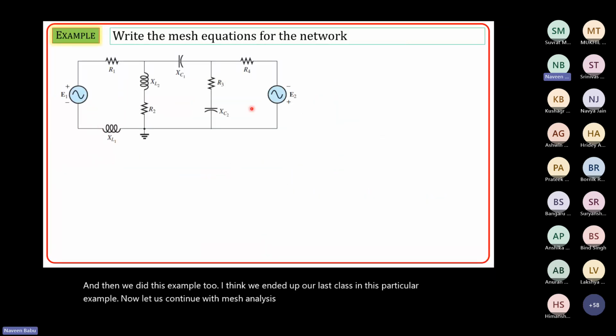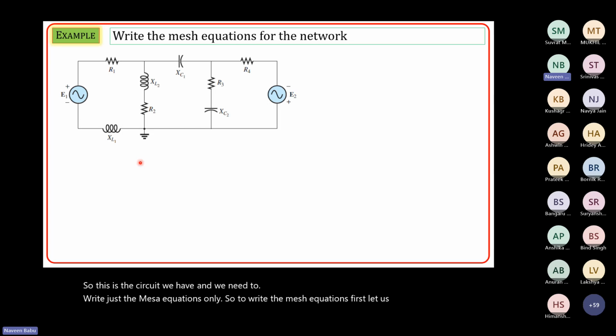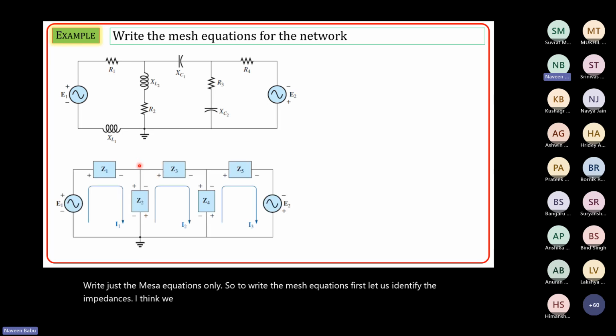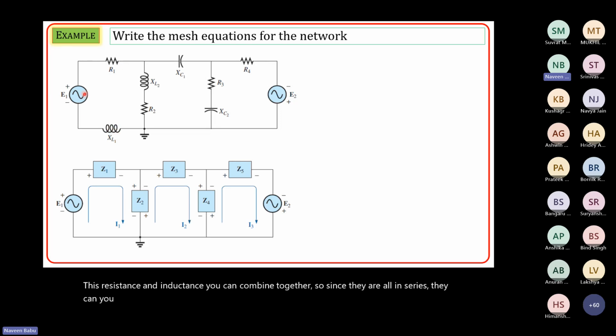This is the circuit we have, and we need to write just the mesh equations. To write the mesh equations, first let us identify the impedances. Now this resistance and inductance you can combine together, since they are all in series and you can rearrange them either way.